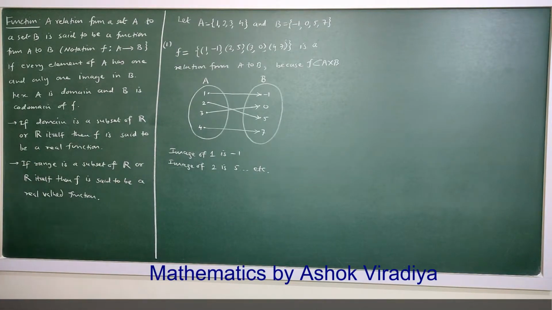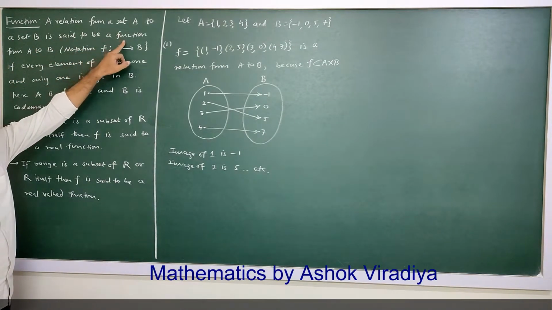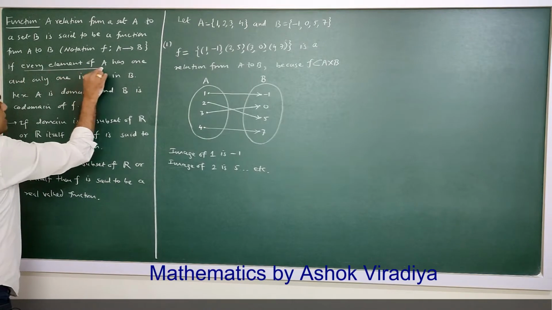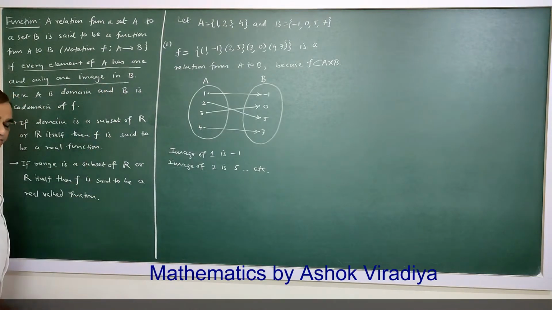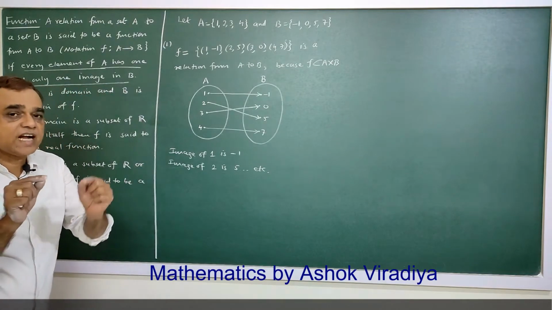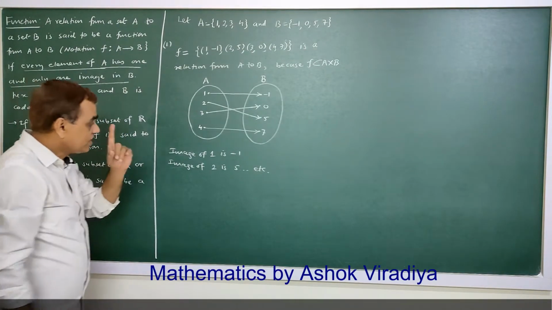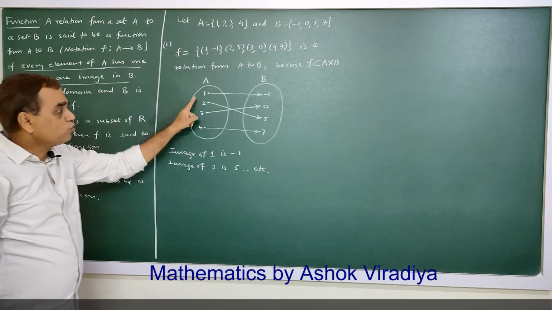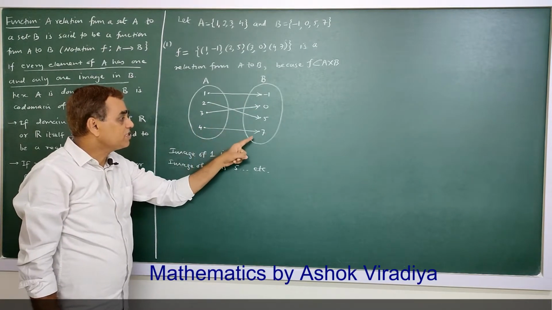Now we are coming to this word. A relation from a set A to a set B is said to be a function from A to B if every element of A has one and only one image in B. Every element of set A has one and only one image in B. Look here, the image of 1 is only one, -1. The image of 2 is 5, the image of 3 is 0, the image of 4 is 7.